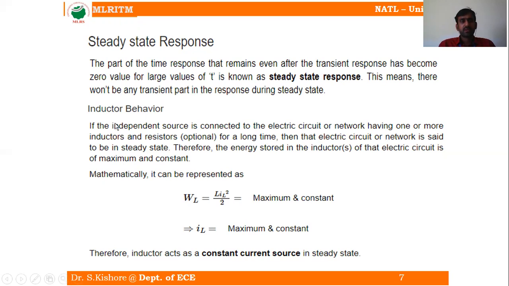Let us consider an example of transient behavior. Consider a sinusoidal signal as shown in this figure, which is the output response of your electrical network.